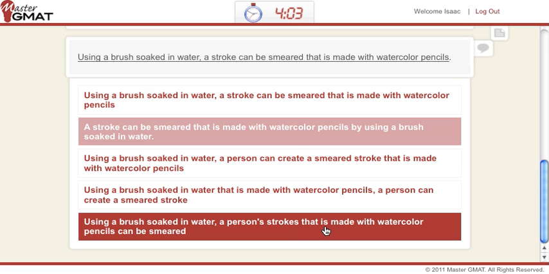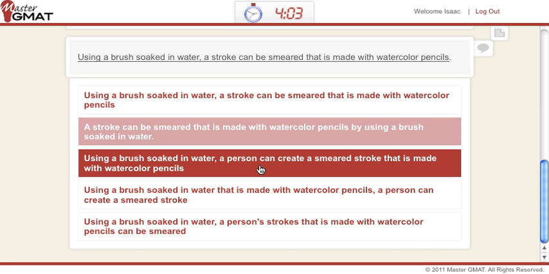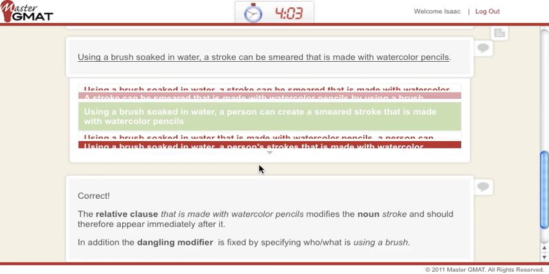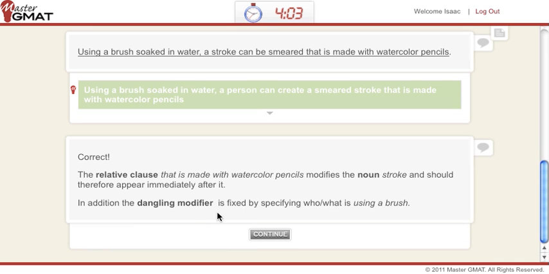However, that is made, singular or plural? Singular. So here we have another grammatical error. We have a subject-verb agreement mistake. You can't have strokes is made. Strokes are made. Therefore, we can eliminate that as well. And of course, we're left with C, what we originally thought, and that is indeed the correct answer.